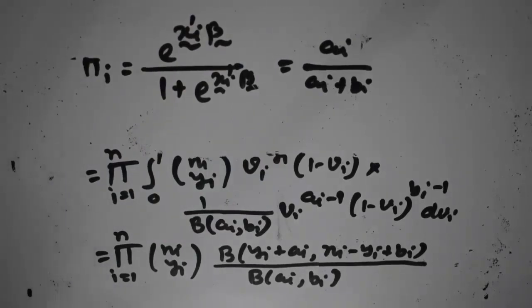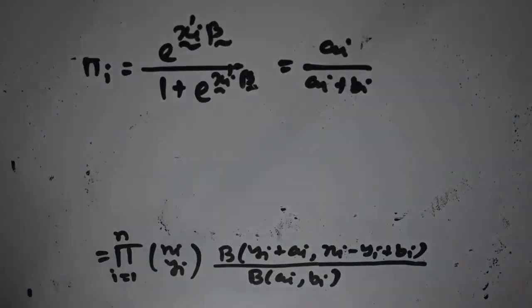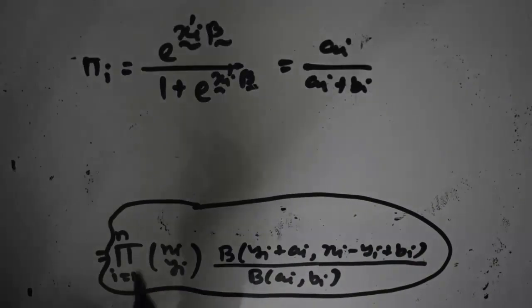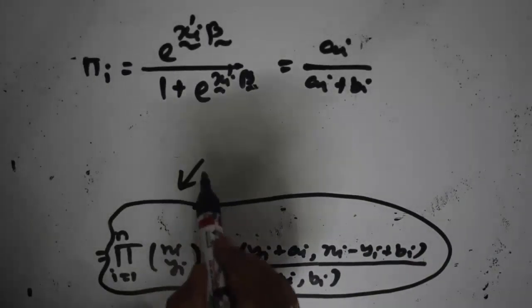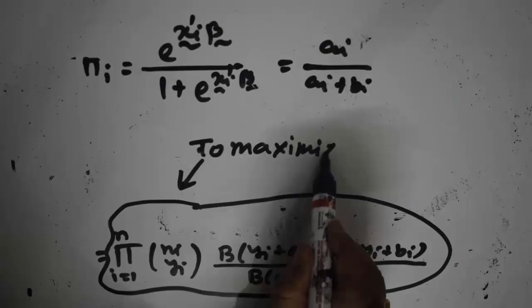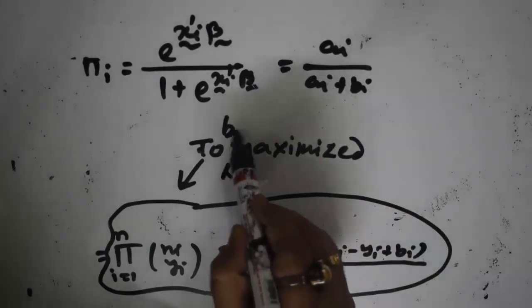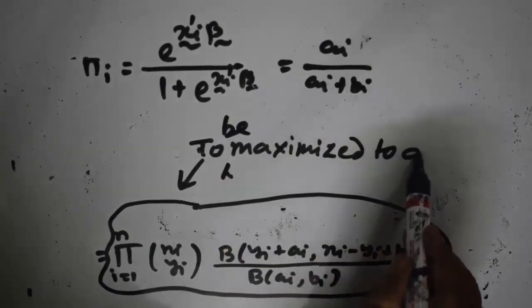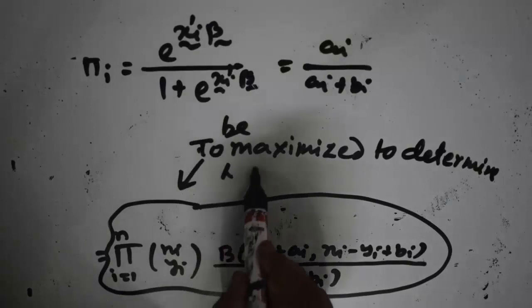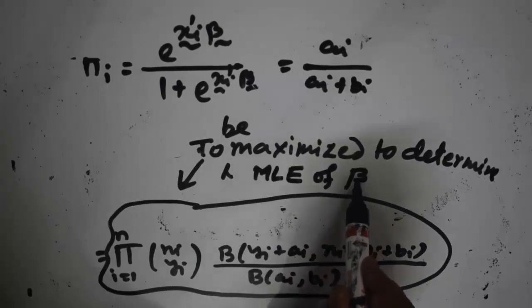So now the problem is to maximize this, to be maximized, to determine the MLE of beta tilde.